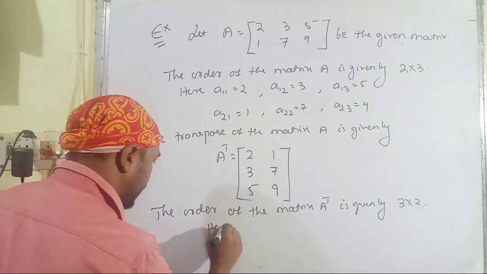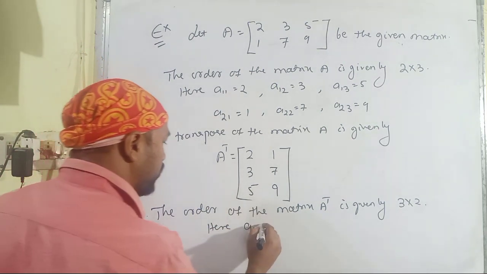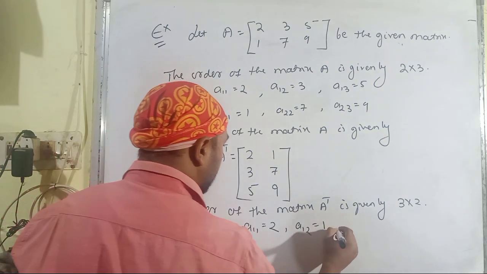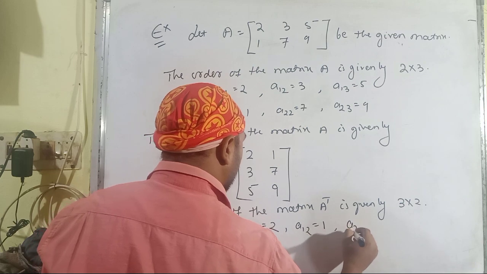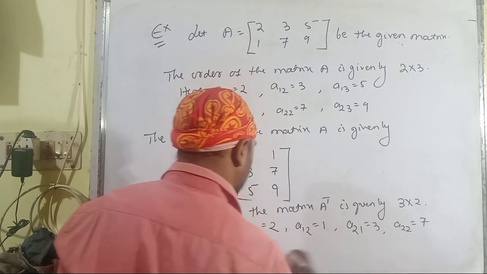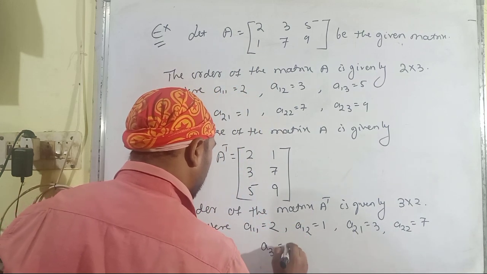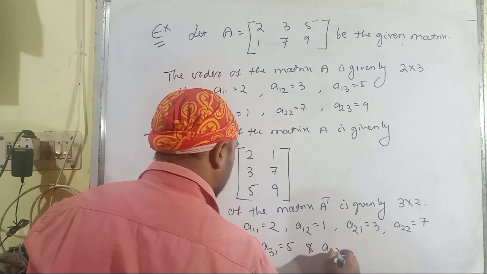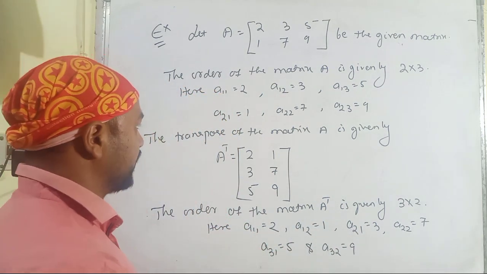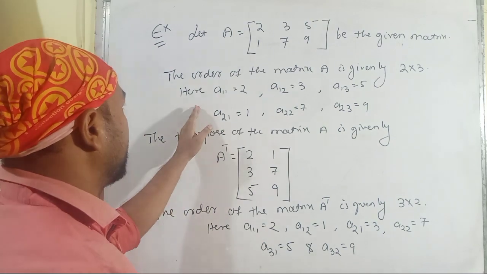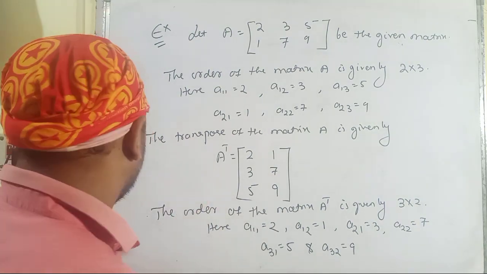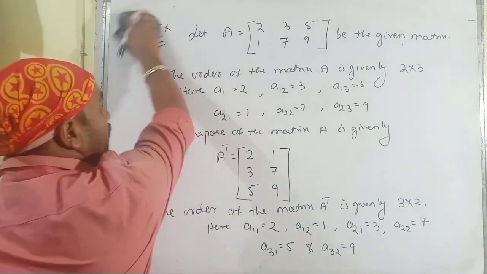Here A11 is equal to 2, A12 is equal to 1, then A21 is equal to 3, A22 is equal to 7, A31 is equal to 5, and A32 is equal to 9. Then we just have to compare the elements present in the first matrix A and in the new matrix, the transpose of A. So let us compare these elements.